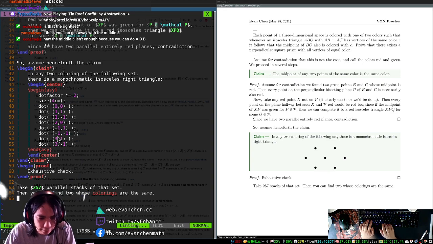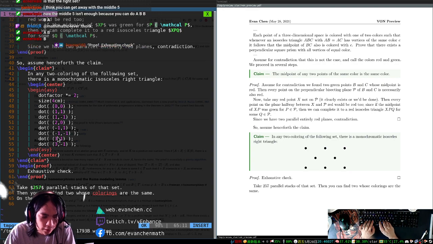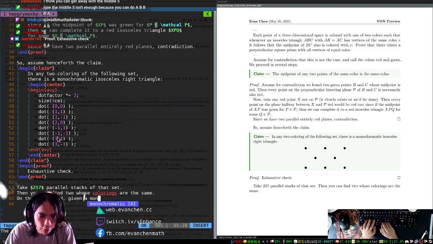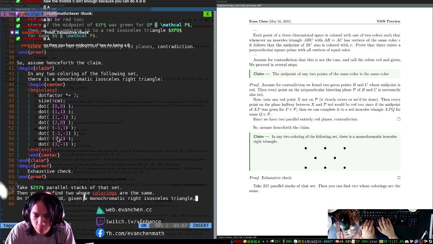Two parallel stacks of the set have the same coloring. On the other hand, given a monochromatic isosceles triangle, taking all three midpoints gives the desired square.